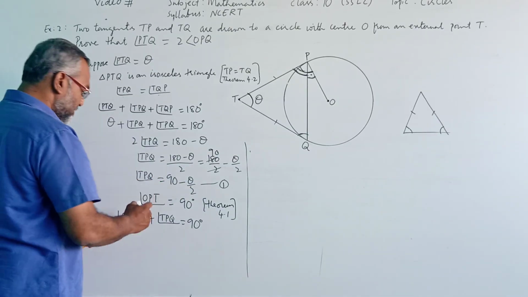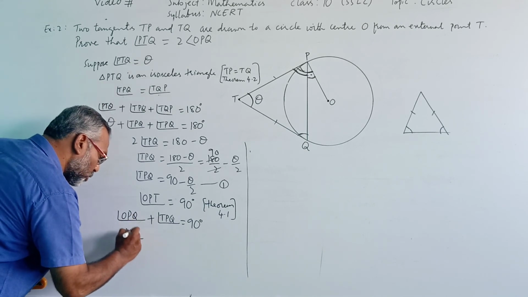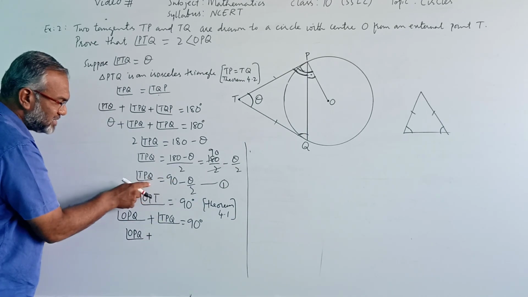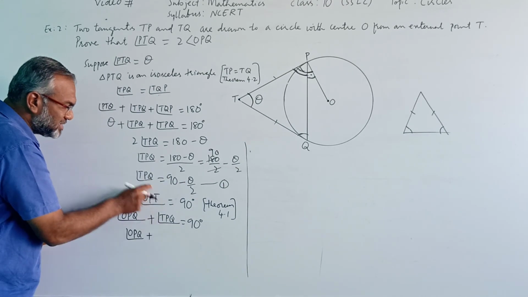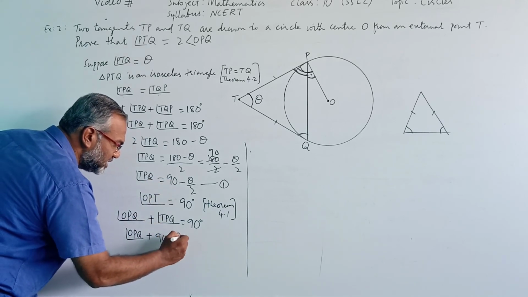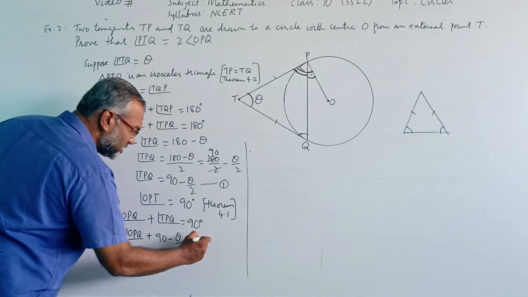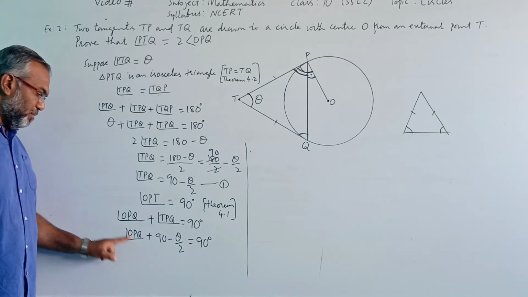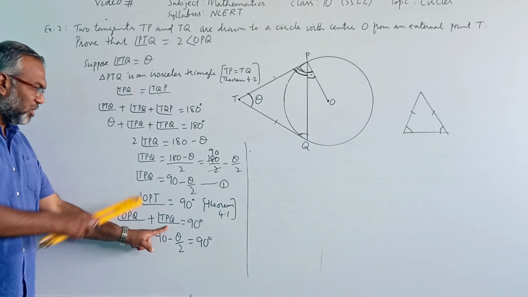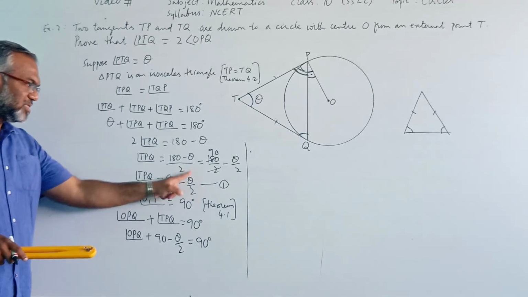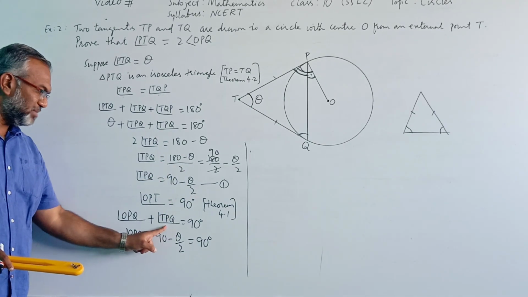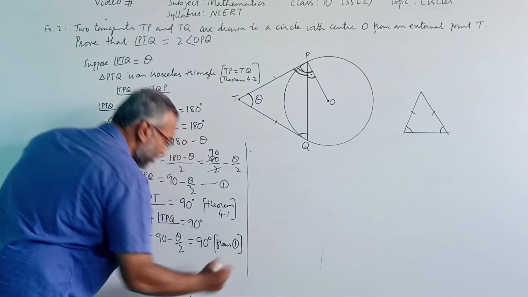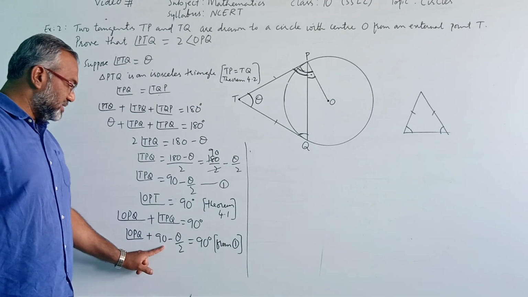So I can write this OPQ as it is plus TPQ, and from equation number 1, I write TPQ as 90 minus theta by 2, which will be equal to this 90 again. In place of TPQ I am writing 90 minus theta by 2. Where did I get this from? From equation 1.